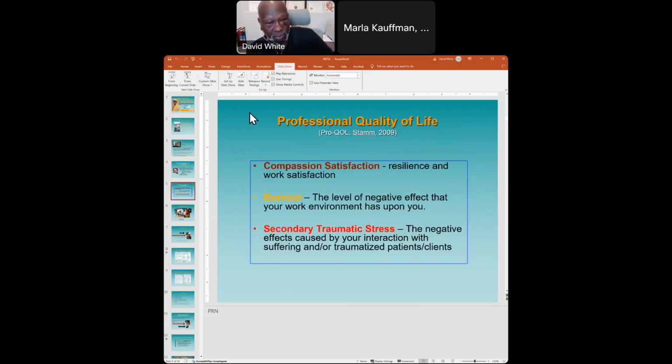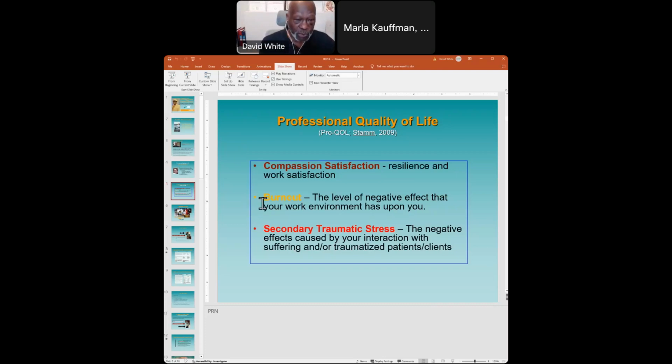So professional quality of life, what are we looking at? Compassion satisfaction talks about the resilience and work satisfaction. So when you're at work, how resilient are you? How well are you able to bounce back? And how satisfied are you by what you're doing at work?